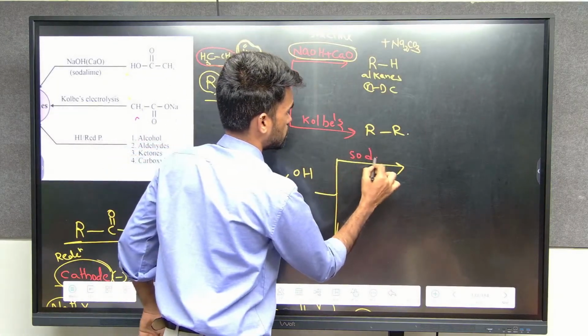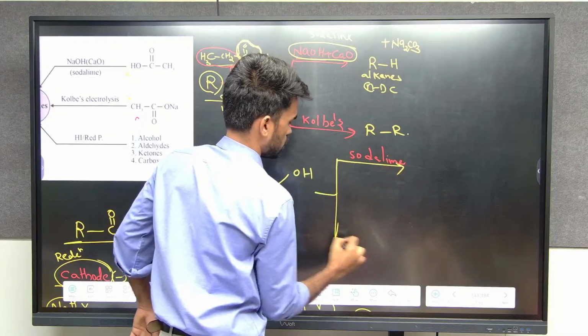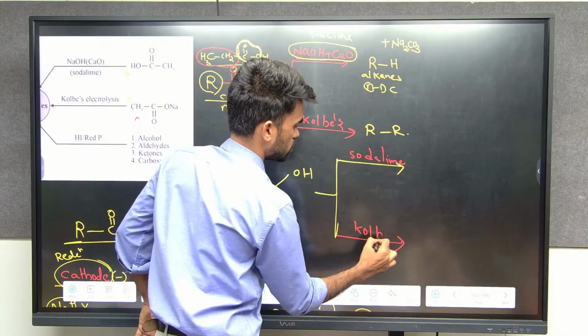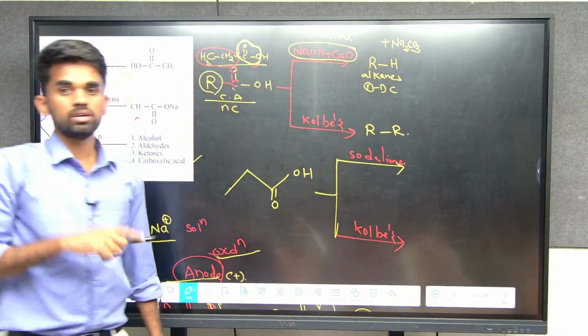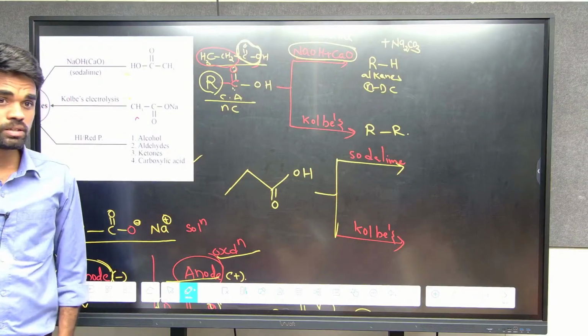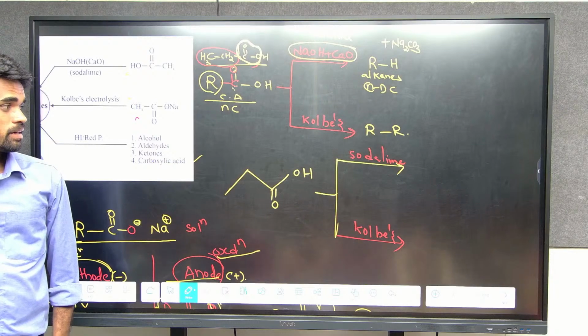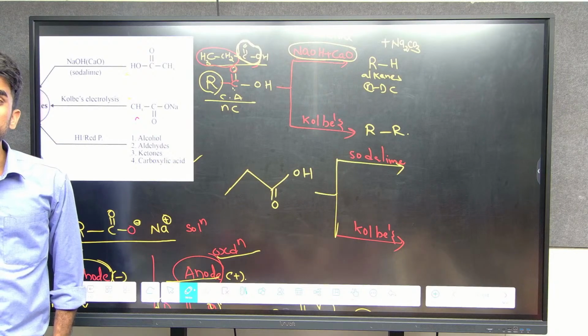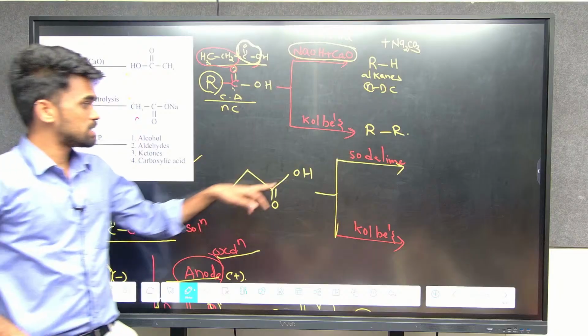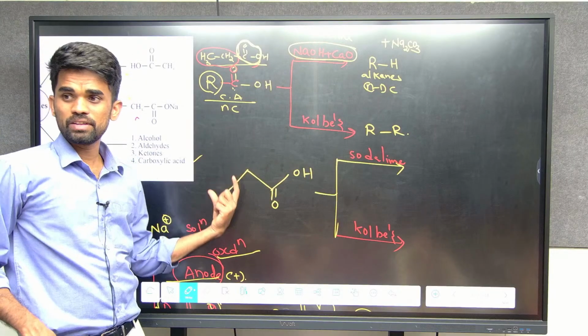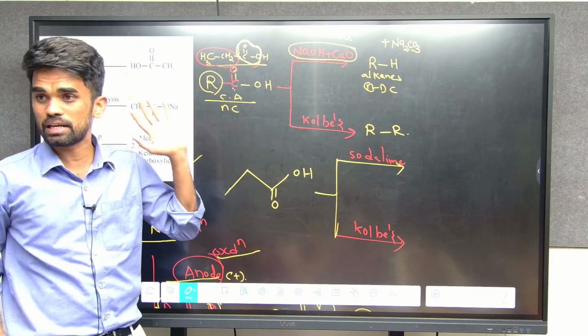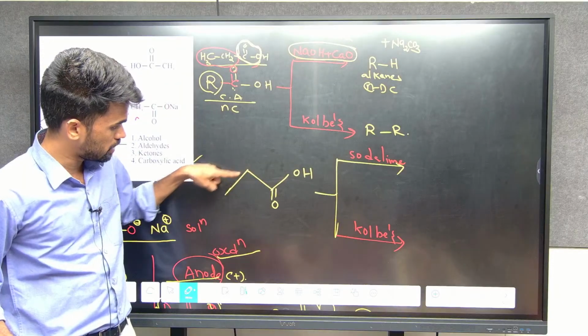Soda lime, Kolbe's reaction. First, soda lime came చెప్పా, just CO2 remove చేయండి, whatever the alkyl group is there that converts into respective alkane. Like how many carbons are there here?